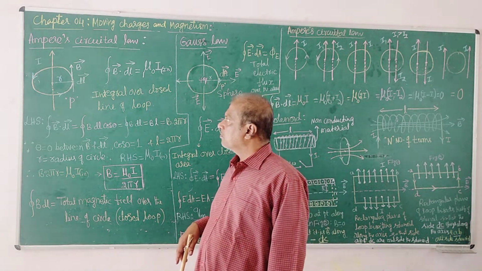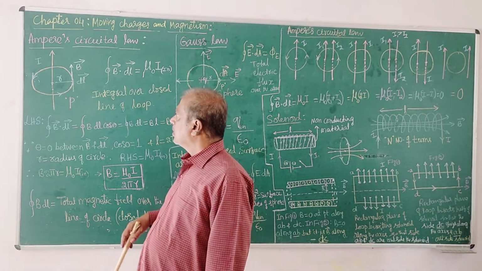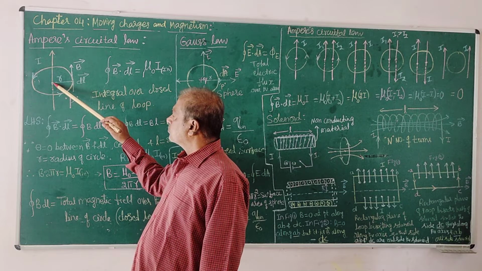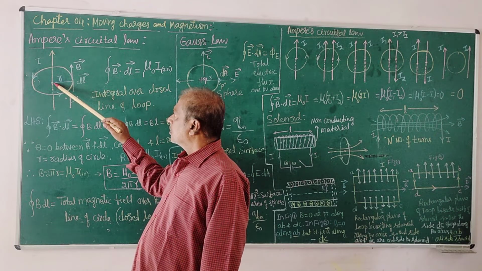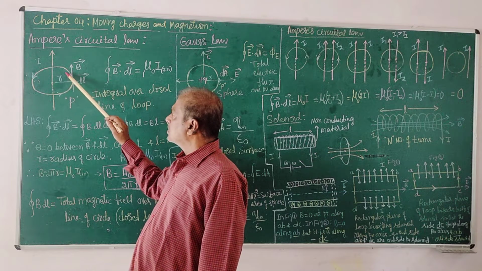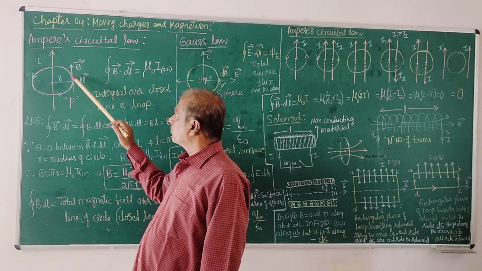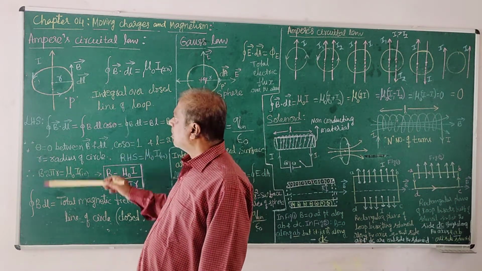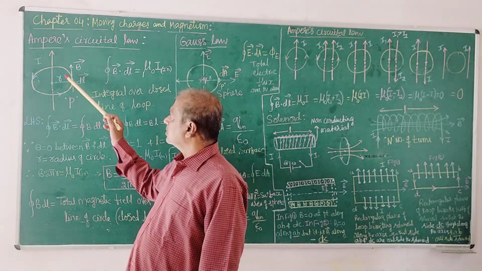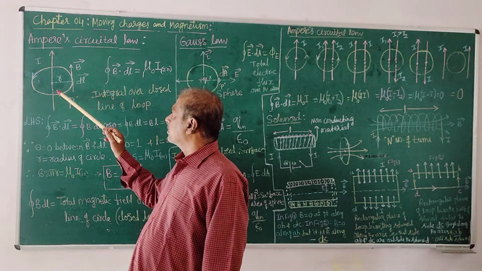I am taking in the diagram a point on the conductor. About this point, I am taking only one circular line, not all the concentric circles, only one circular line about this point.